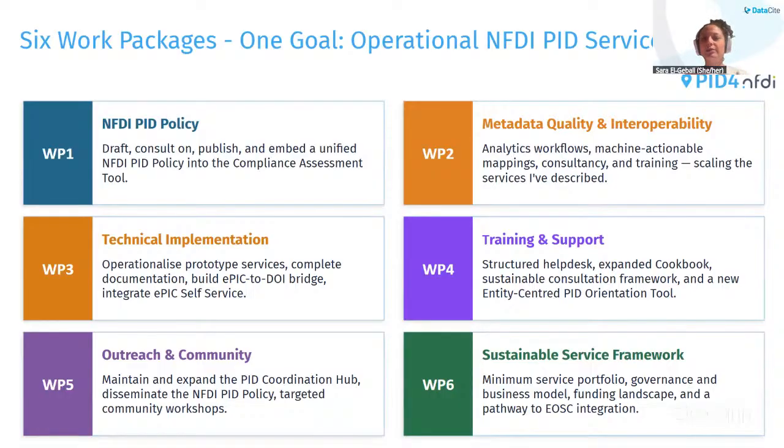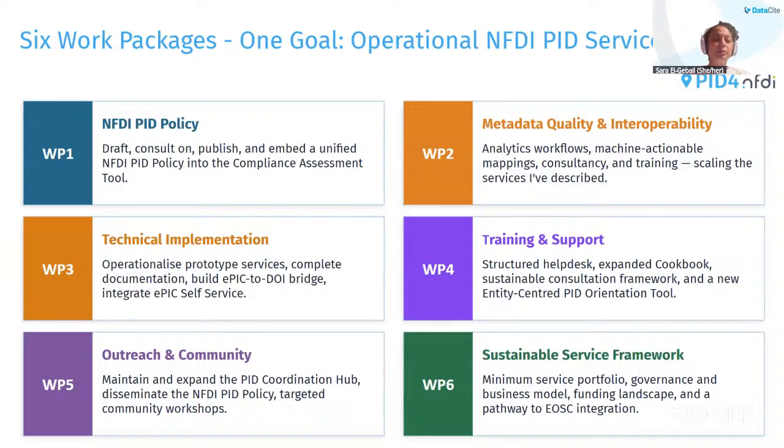These focus on policy, support, training, community engagement, and so on. They create the governance and knowledge infrastructure that is needed for effective PID adoption and supporting the other PID-related activities that we can see in work packages 2, 3, and 6.